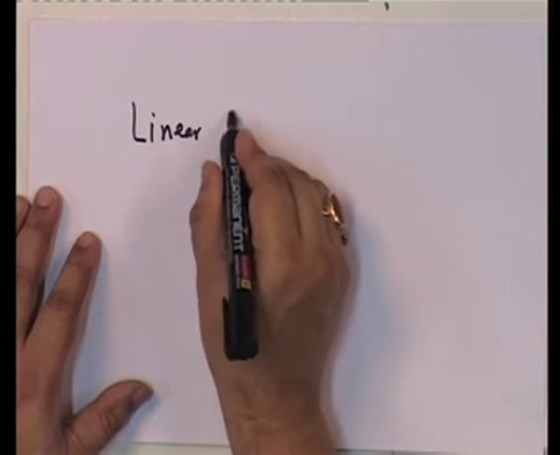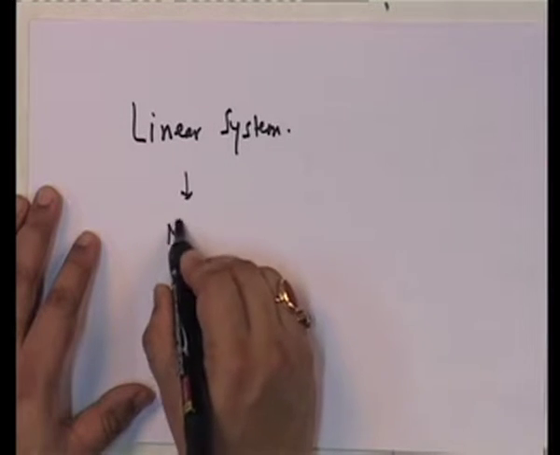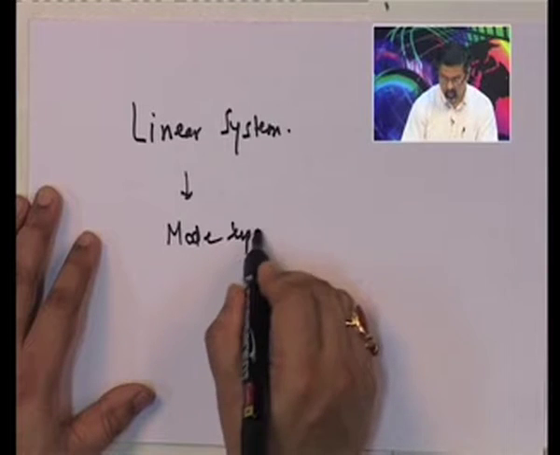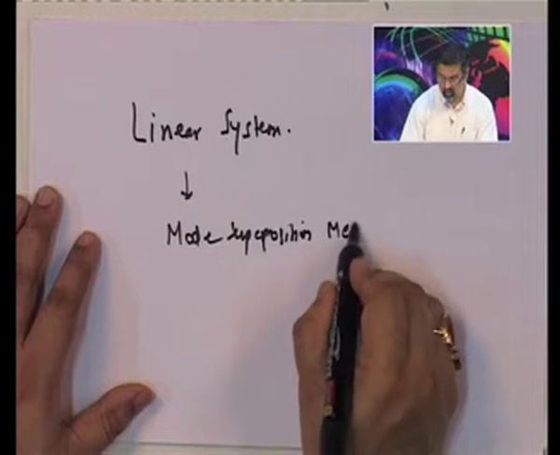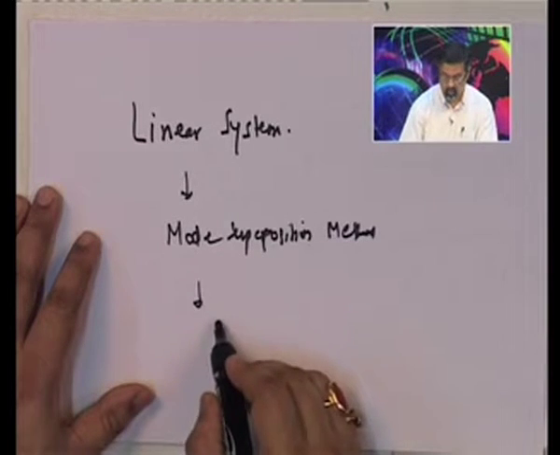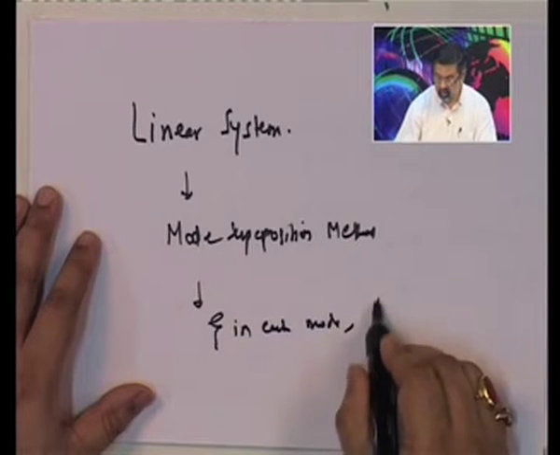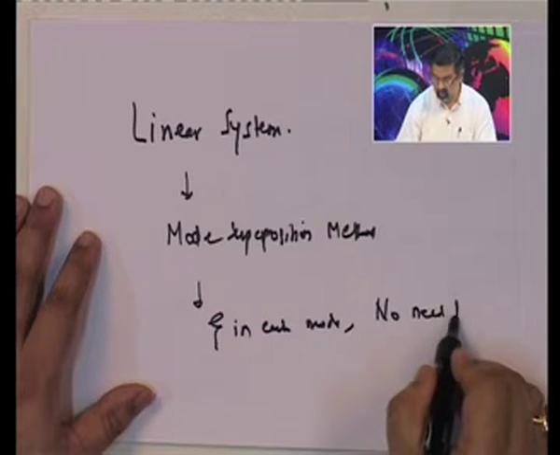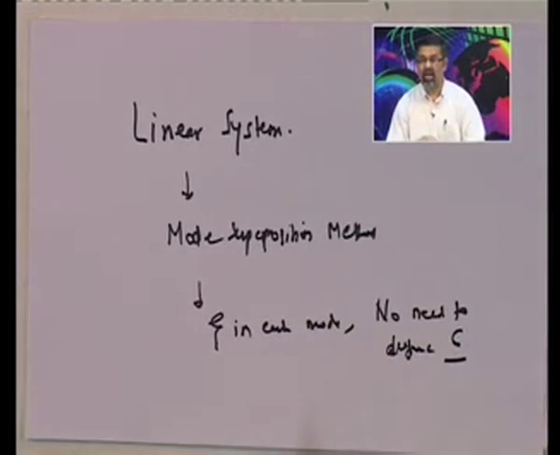But suppose you have a situation, and this is equally a linear system, okay, with the superposition method, xi in each mode, no need to define C matrix at all.